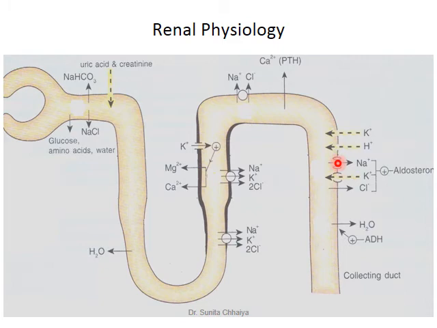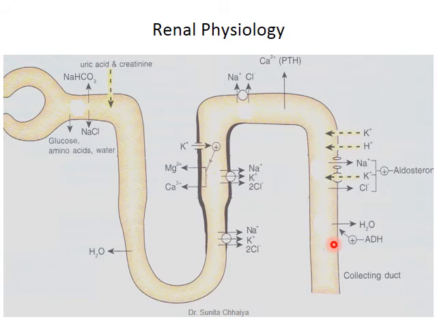The reabsorption of sodium and secretion of potassium in these cells are totally different from the co-transport pumps present at other sites. These are specific channels for sodium ion and specific channels for potassium ion, and their reabsorption and secretion is basically influenced by the presence of aldosterone. And at a later part of the tubule, there is the effect of antidiuretic hormone. The function of this antidiuretic hormone is to synthesize more and more water channels at the collecting tubule.